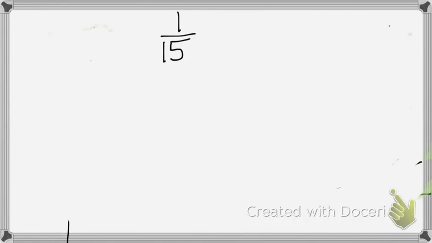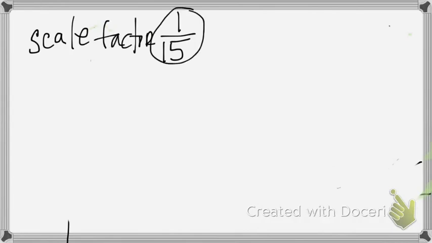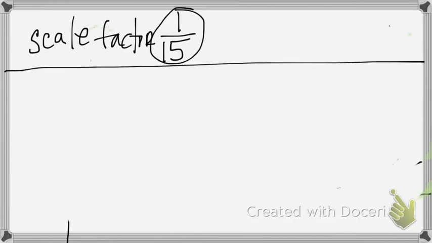Okay, so erase that. Sorry it takes so much time there. But here we go, scale factor. And I don't need to do anything else with this because I've got this down. But now I want to work on my area ratio.